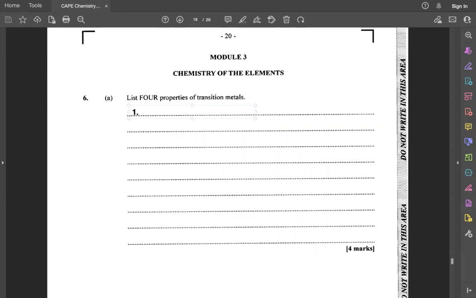1 is that they form compounds with different oxidation states.